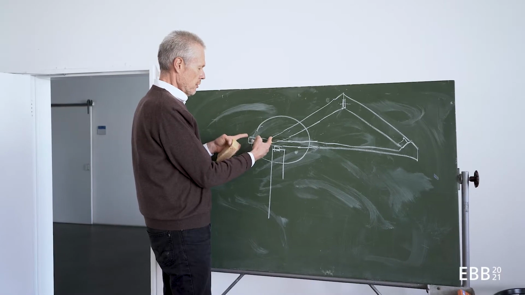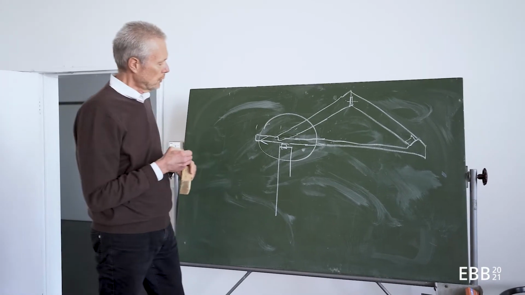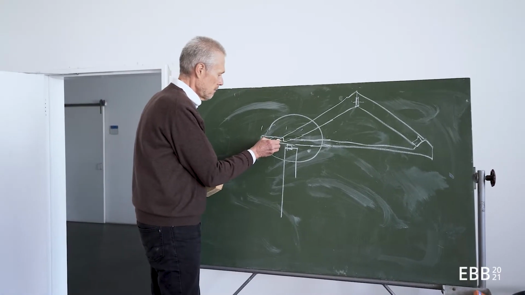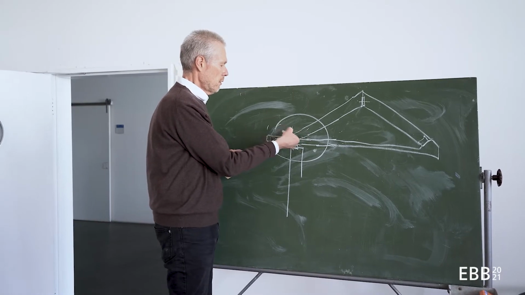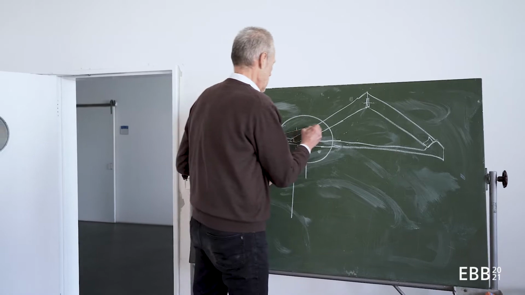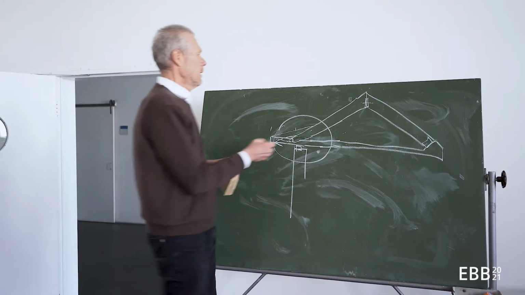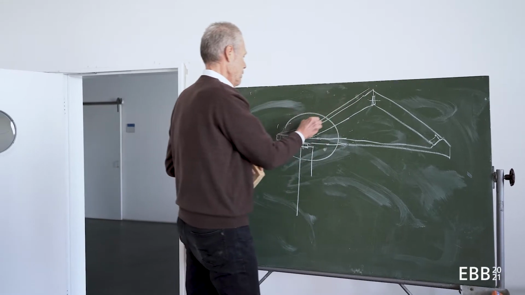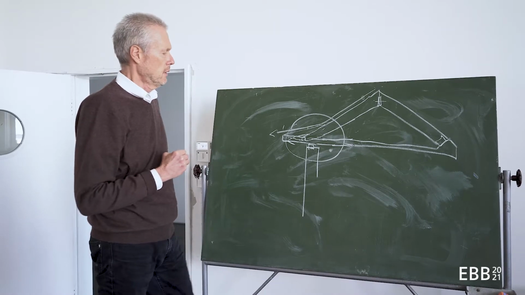I need a certain length to prevent the timber from splitting up through the horizontal thrust, and then I could add another element to create continuity for the roofing material.